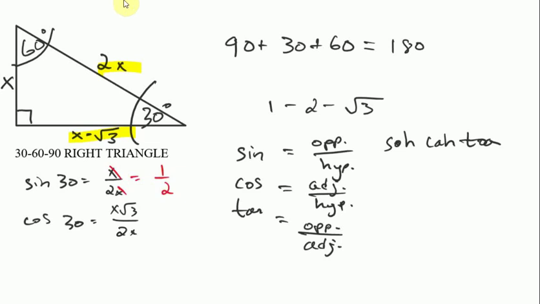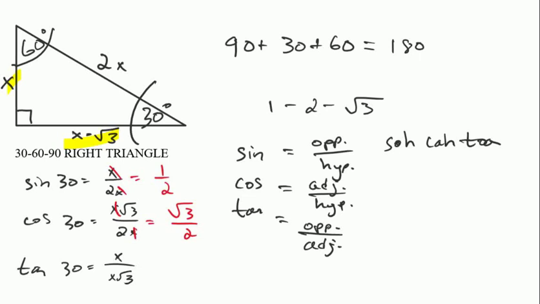Now these x's are going to cancel. You're just going to get rad 3 over 2. And finally, for tangent of 30, you're going to get opposite over adjacent, which is going to give you x over x rad 3.